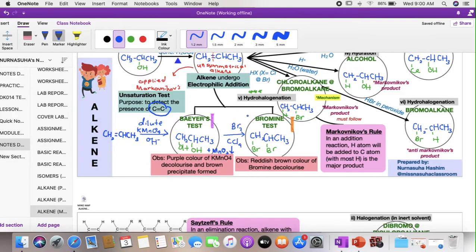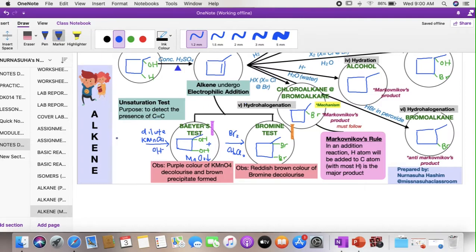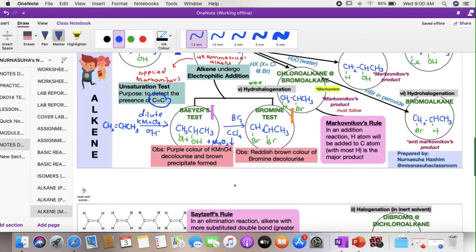So sama lah kalau untuk methylcyclobutene, react with dilute alkaline KMnO4. Dilute tu maksudnya larutan awak cair. So konsep dia double bond putus jadi single bond, then tambah OH, tambah OH, and side product form. Side product ni sebenarnya brown precipitate. Okay, that is our first test, unsaturation test.